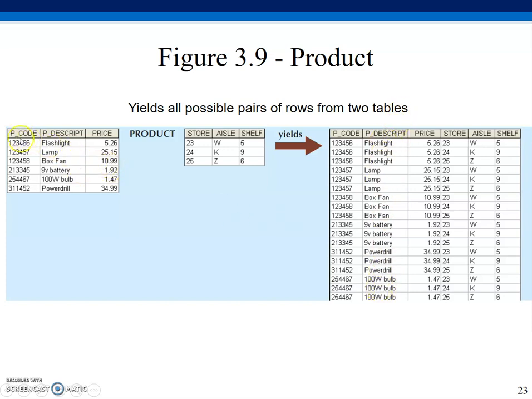Product basically takes the first row and joins it to the first row here, then takes the first row again and joins it to the second row, the first row again to the third row, and so forth. And that's why you have all this. Sometimes this is really mindless because it may not be correct. So we have to be very careful when we make use of the product operation.